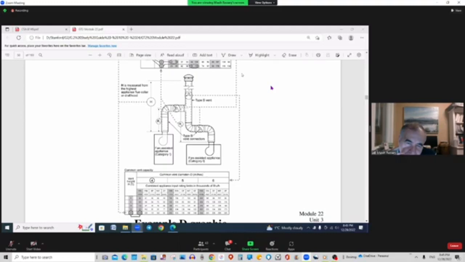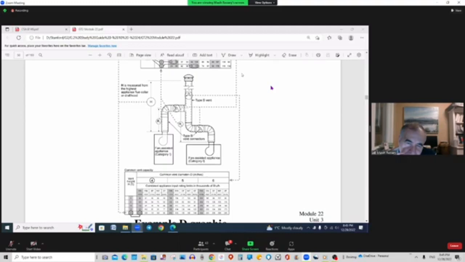When you have 2 or more appliances, B vent, B connector, you go to table C3 and you find D1, D2, and D diameter. Now we will go to the next one after I give you one example.